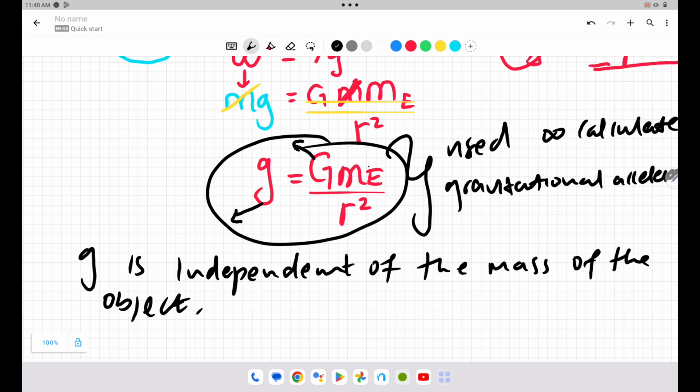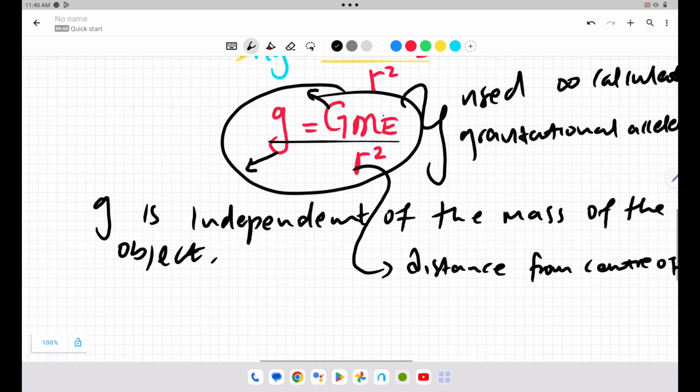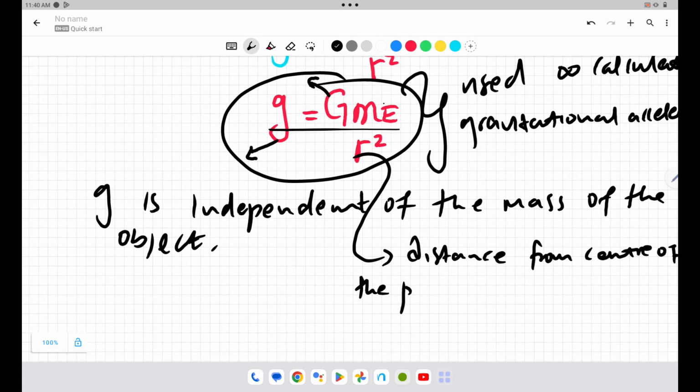The gravitational acceleration, number one, depends on the mass of the planet as well as r. What is r? r will be the distance from the center of the planet to the point of interest.